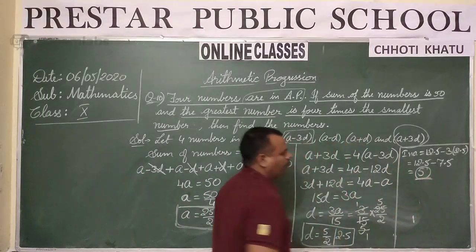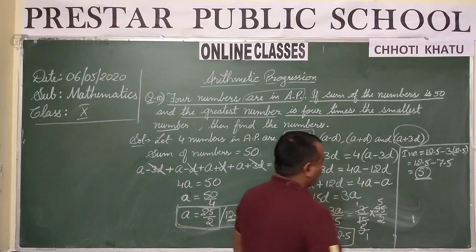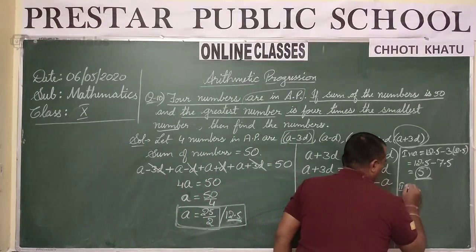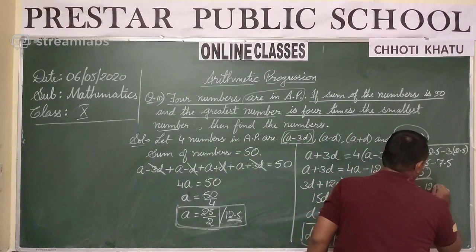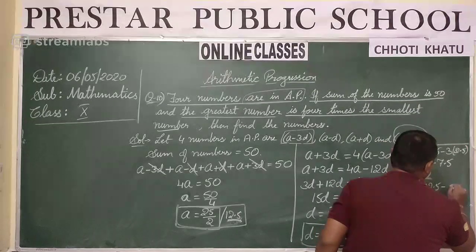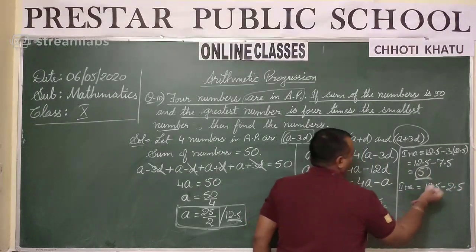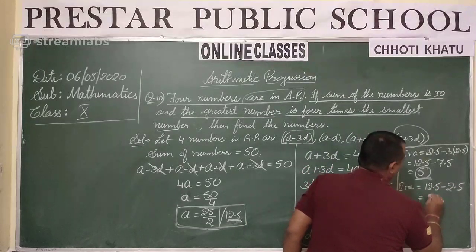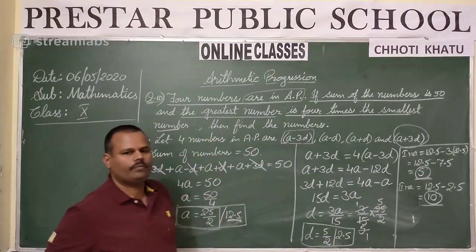So the first number becomes 5. Now the second number is A minus D. So the second number is A, that is 12.5, minus D, that is 2.5. So 12.5 minus 2.5, you get the second number as 10.